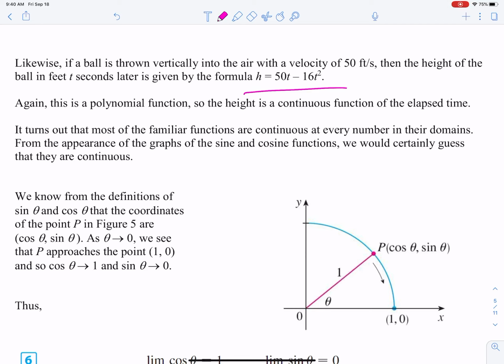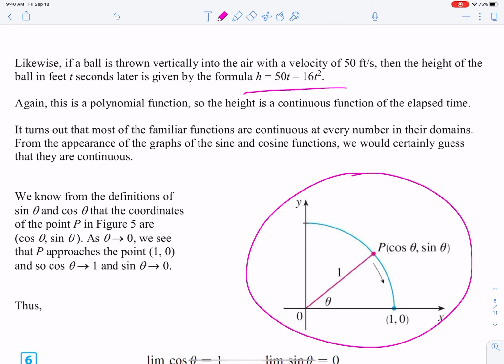That doesn't make sense. It turns out that most of the familiar functions are continuous at every number in their domains. From the appearance of the graphs of the sine and cosine functions, we would certainly guess they're continuous. We know from the definitions of sine theta and cosine theta that the coordinates of the point P in this graph right here are cosine theta, sine theta. Remember your unit circle.